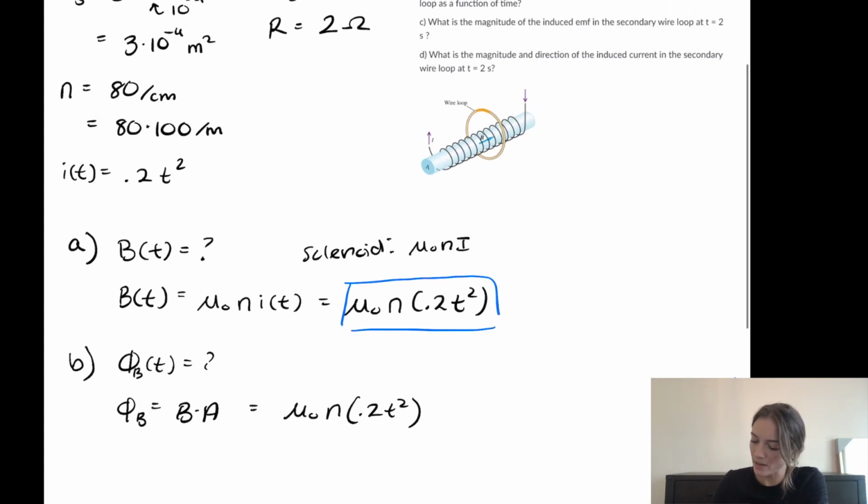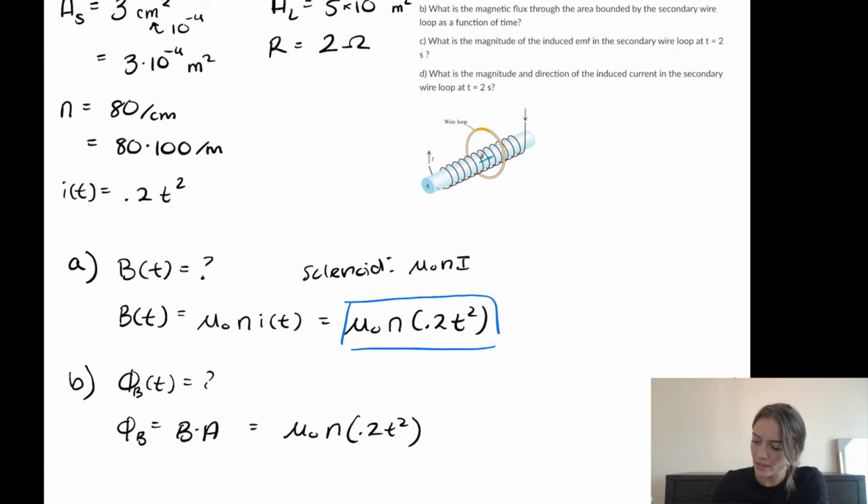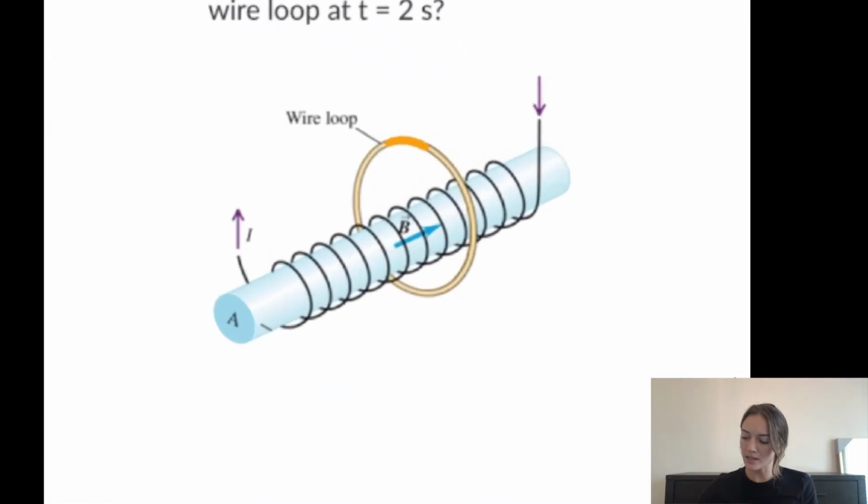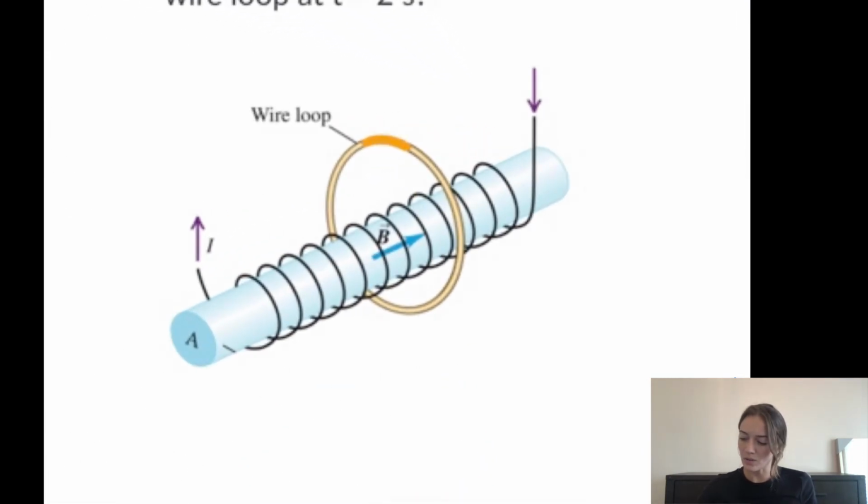And then our area. The area here is technically the area of the wire loop, because it's the flux through this whole bigger loop. However, the magnetic field in this area here is 0. So the magnetic field between the wire loop and the solenoid is all 0. So that part doesn't contribute to the flux, even though it technically is included in the flux.